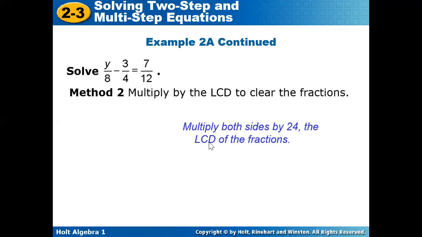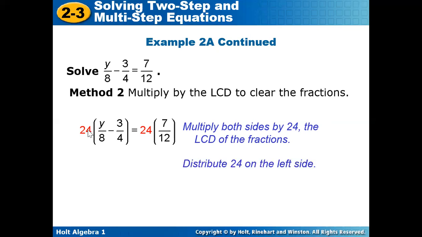If you know what a lowest common denominator is, you can do that and you can clear out all the fractions if you know how to do it. So if you multiply both sides by 24, then you can clear out all these fractions. You can do that first if you know what the lowest common denominator is and you're willing to do it this way. I think the other way is easier, but you can also do it this way, right?